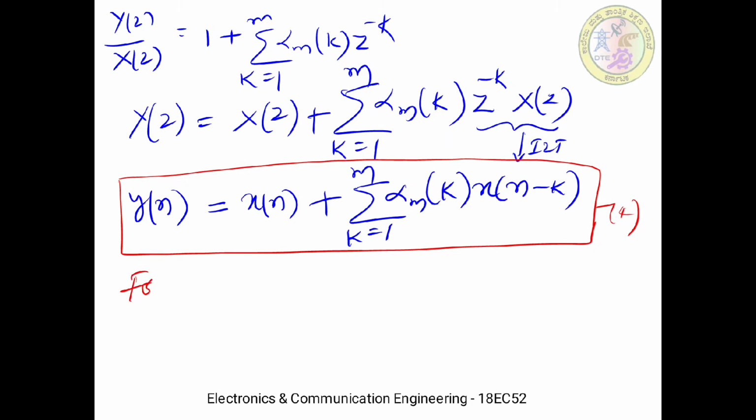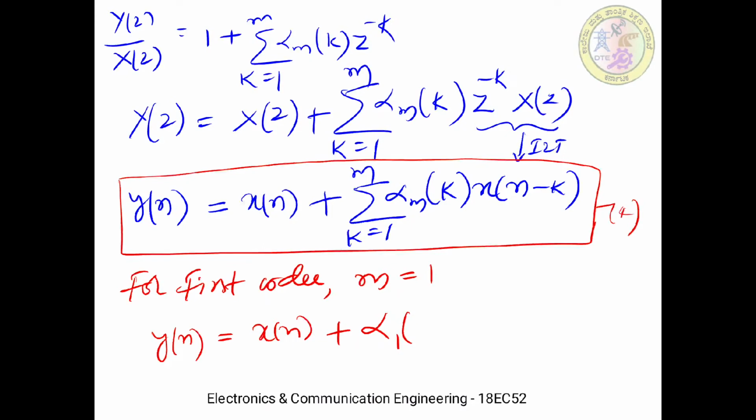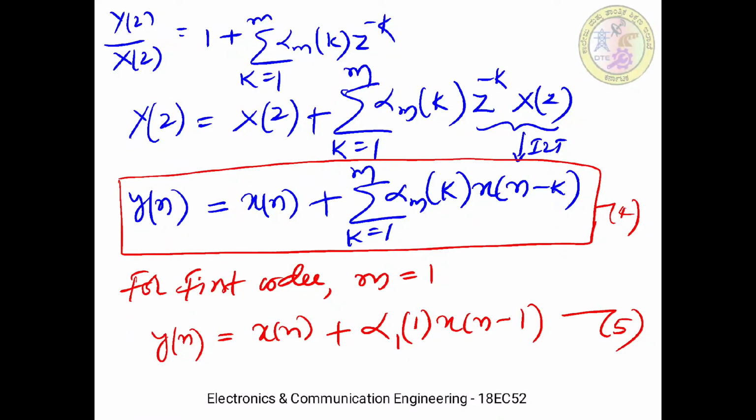For first order, m is equal to 1, so equation 4 becomes y(n) equal to x(n) plus alpha_1(1) into x(n minus 1), substituting m equal to 1 everywhere. Call this equation 5. As the order is 1, the summation reduces to only alpha_1(1) into x(n minus 1).